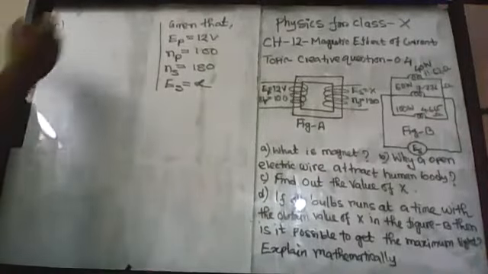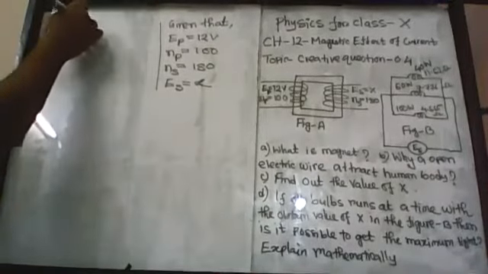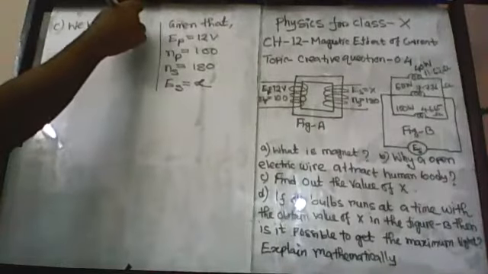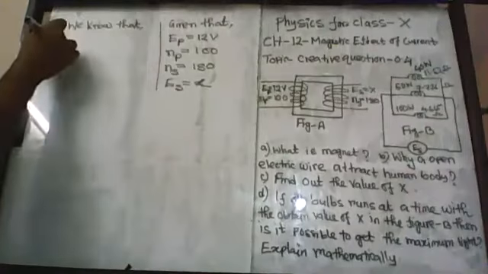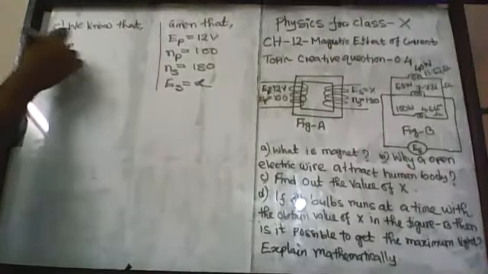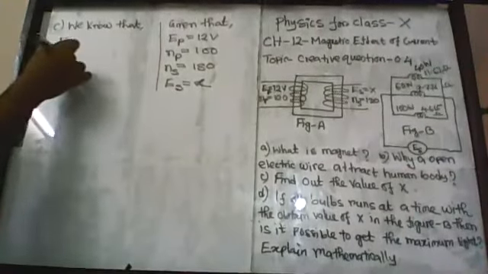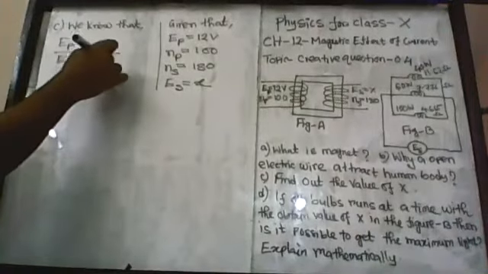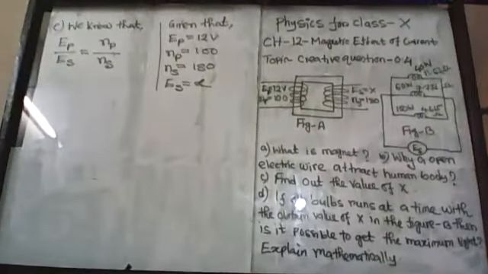Now, we can write that EP divided by ES will equal NP divided by NS.